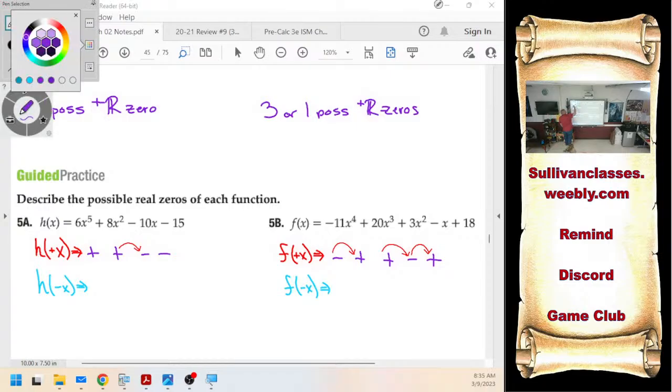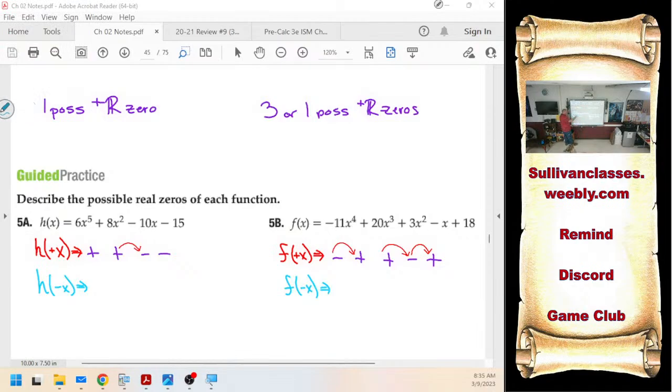Negatives. If I put a negative x into an odd, it changes signs. A negative x into an even, it keeps its sign. A negative x into an odd, it changes signs. That's a constant. It is what it is. A negative x into an even keeps its sign.